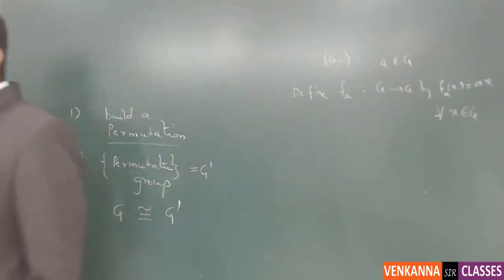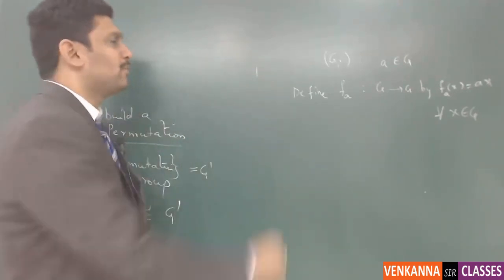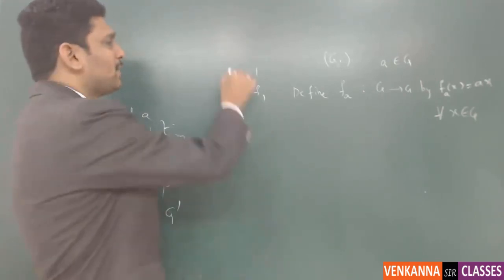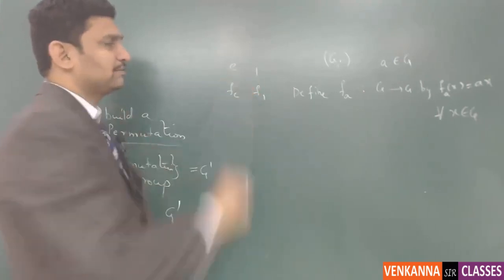In other words, for every element in the group, I can build a permutation. So if I take the element 1, the corresponding permutation is f_1. If I take the element as e, the corresponding permutation is f_e.